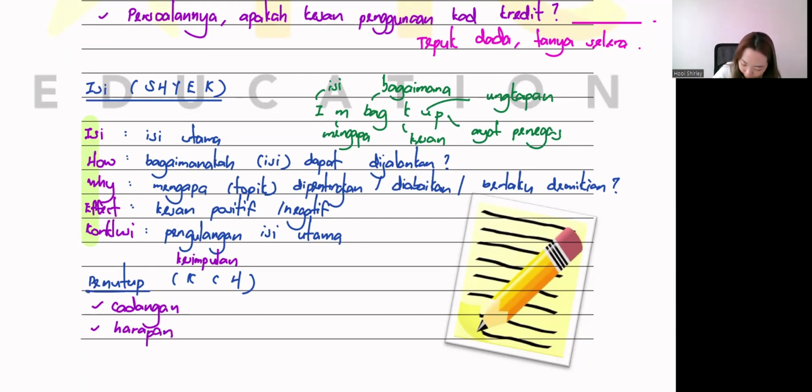Always remember, for the cadangan and harapan, you want to give out a suggestion. So for sure, you need to tell who carries out this course of action, so that by doing so, what would be the kesan positif? You need to have a watak, and then add on tindakan. By doing so, what is the kesan positif?